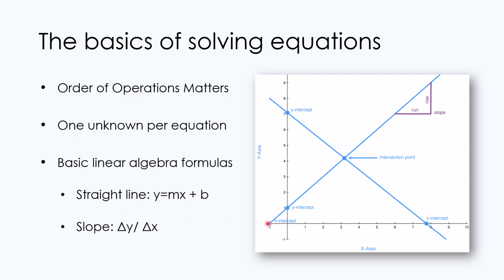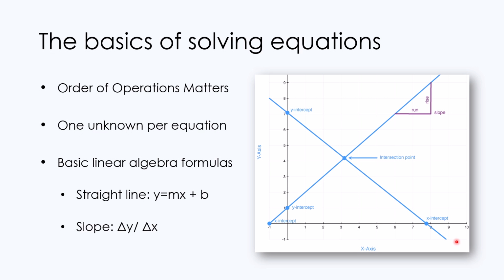Okay. We'll use those to draw a lot of basic straight lines, especially in our supply and demand chapter. You're looking at a basic precursor to the supply and demand curve here.